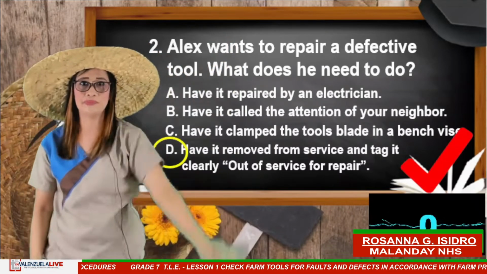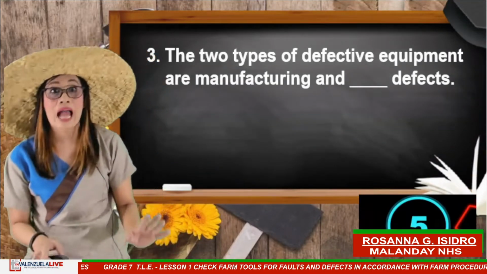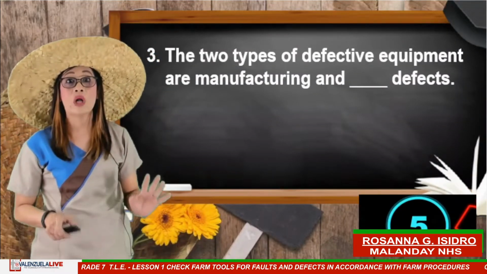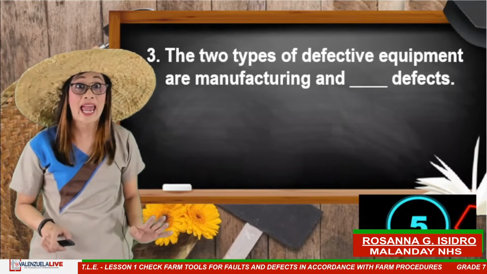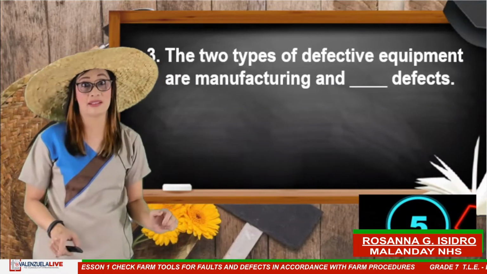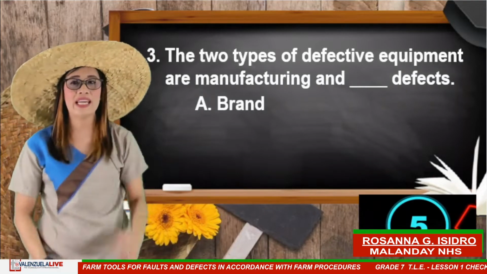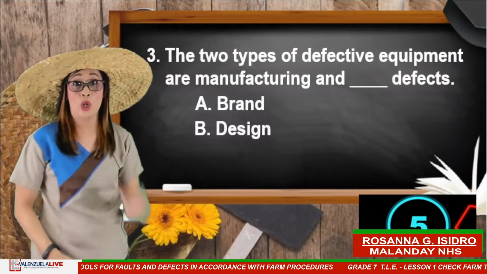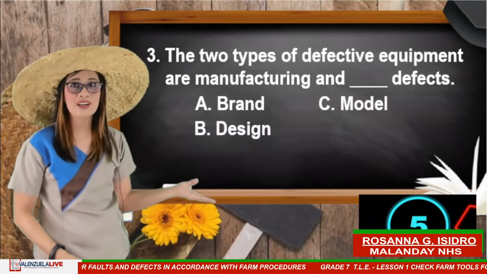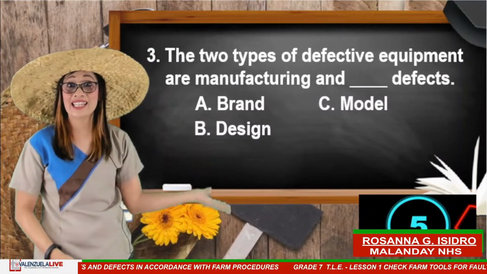Number 3, the two types of defective equipment are manufacturing and blank defects. It is letter A, brand, or letter B, design. Letter C, model, or letter D, style.